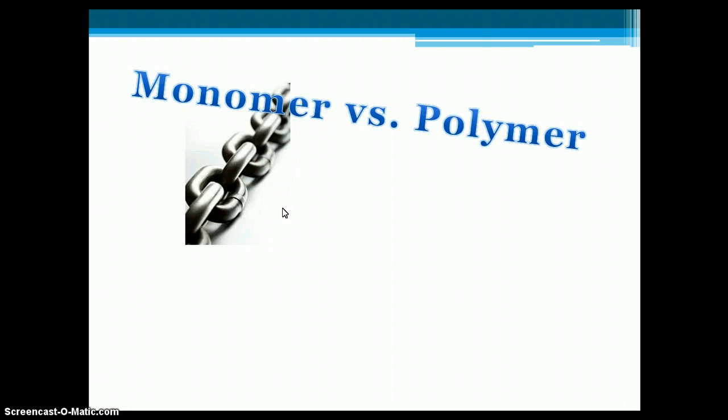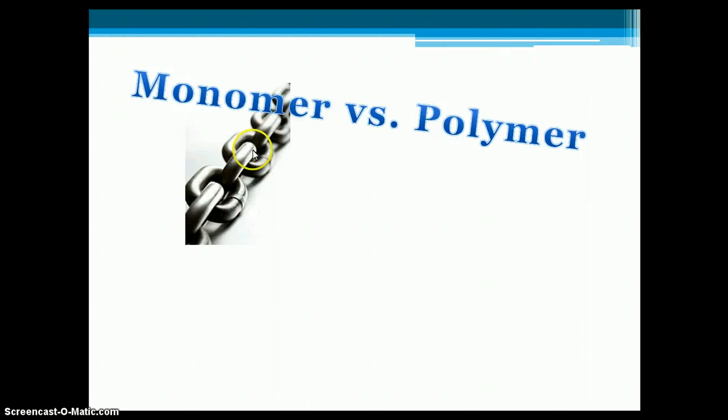Monomers and polymers come into play when we talk about the molecules of life, like proteins and nucleic acids. The monomers of a protein are amino acids, where the polymer is the protein itself, and the monomer of nucleic acids would be nucleotides.